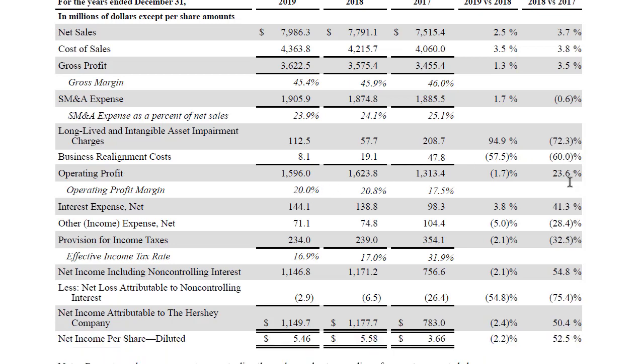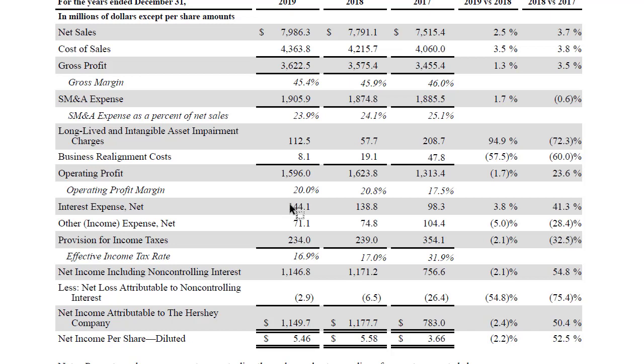Then you start to look at, okay, as we move to the bottom of the income statement, that bottom line, first we have to say, okay, if the business is financed by debt, the interest expense on that debt has to come out of operating profit first. And it comes out first because the lenders have first claim to those cash flows, of course. In Hershey's case, we can see $144 million of interest expense.